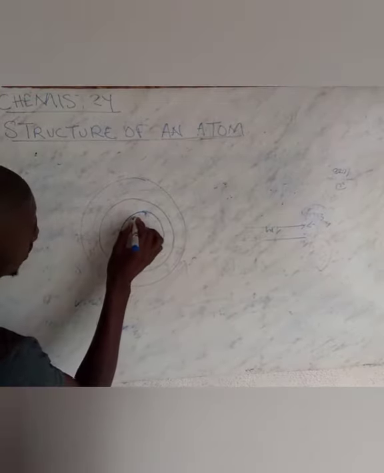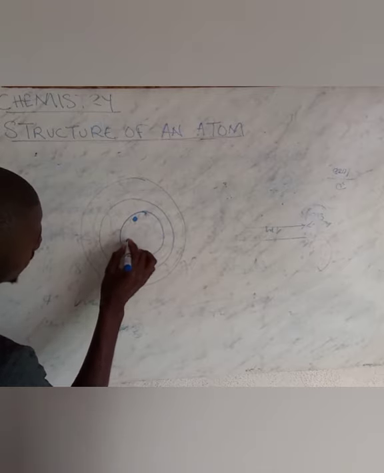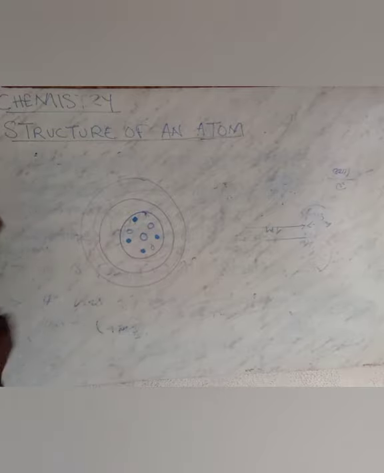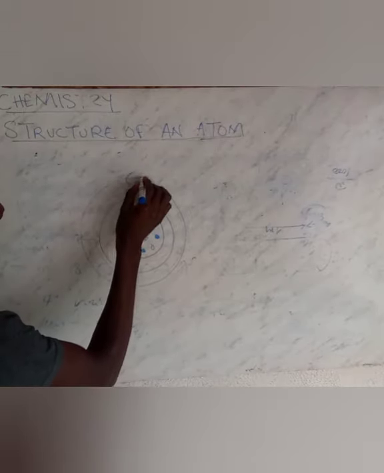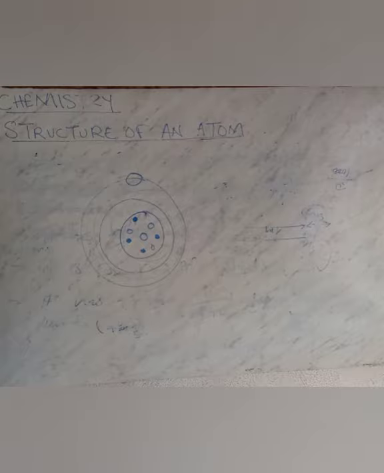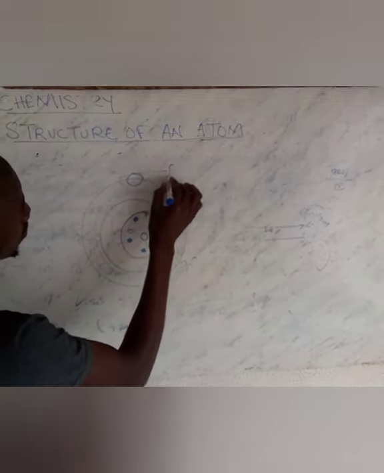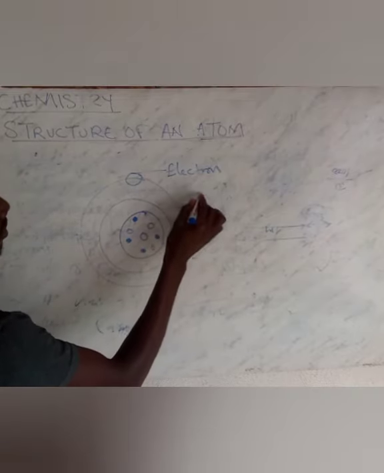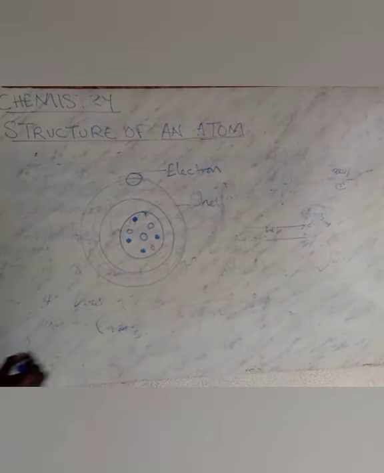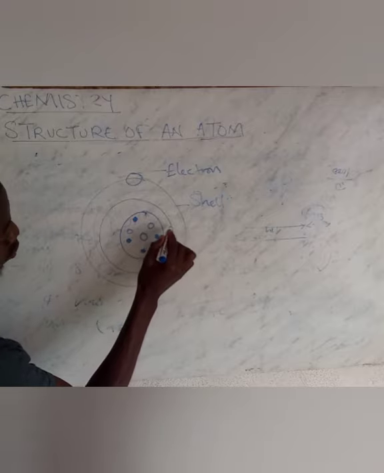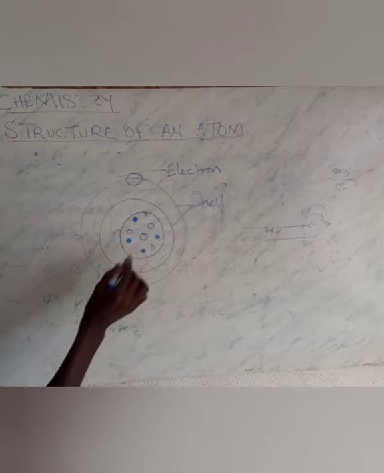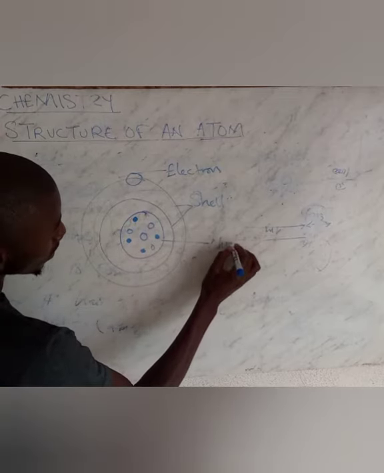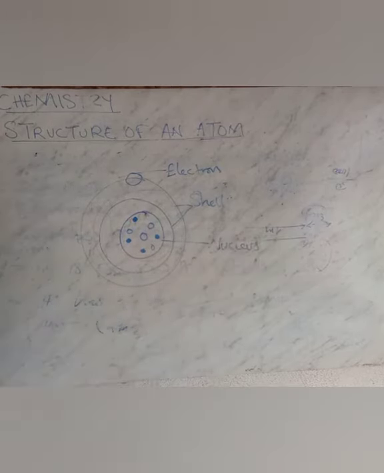Now from this nucleus, we are going to have something like this. Then we are going to have another one here. Okay, so this will be our electron. This will be the shell. Even this one will also be a shell. But this one is the nucleus.